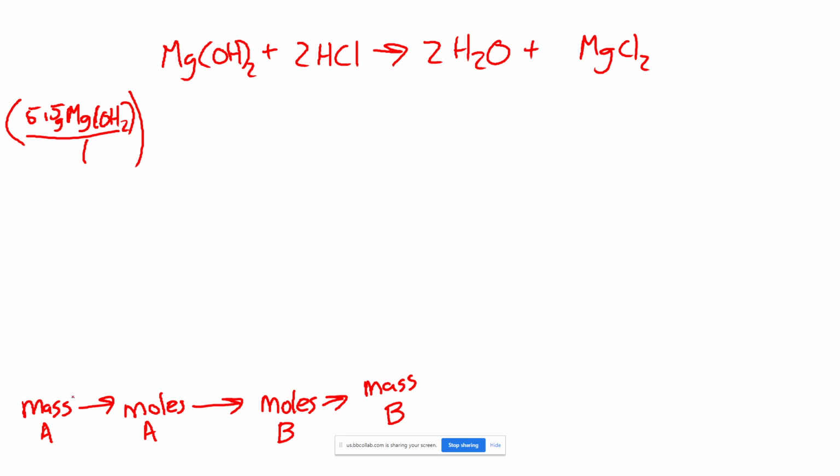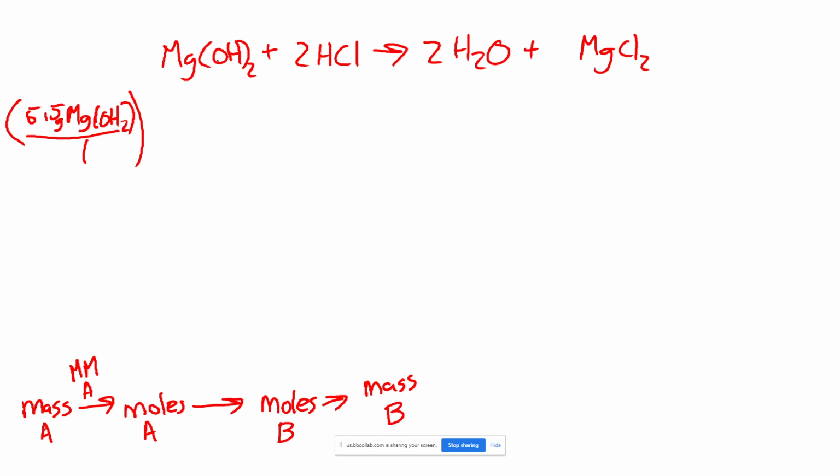So for this step here, going from mass of one thing to moles of something else, we're going to be using the molar mass of A, which would be the magnesium hydroxide. Going from moles of magnesium hydroxide to moles of HCl, we're going to be using the ratio between these two, which is a 1 to 2 ratio.